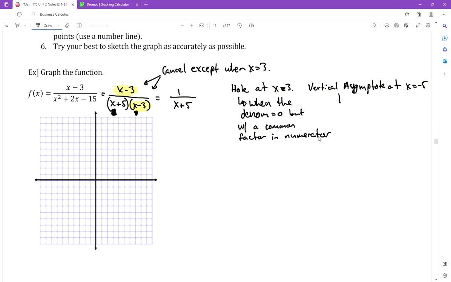Whereas the vertical asymptote occurs when the denominator is 0 with no common factor in the numerator. Okay, and these rules go back to pre-calculus type of stuff.